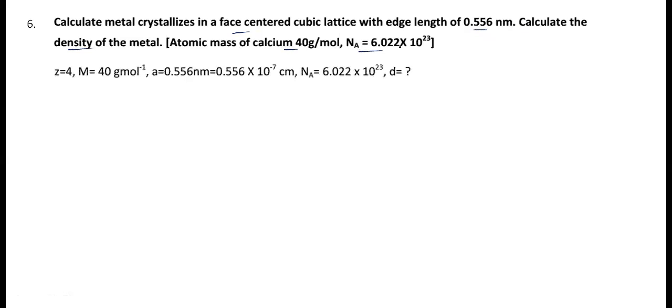We'll continue with the next problem. A metal crystallizes in FCC with edge length 0.556 nanometer; calculate the density of the metal. The atomic mass of calcium is given, with the Avogadro number value.